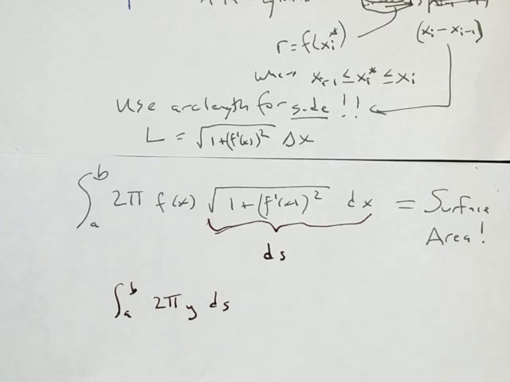And then I just have to remember that ds is that arc length piece. Questions? This is weird, man.